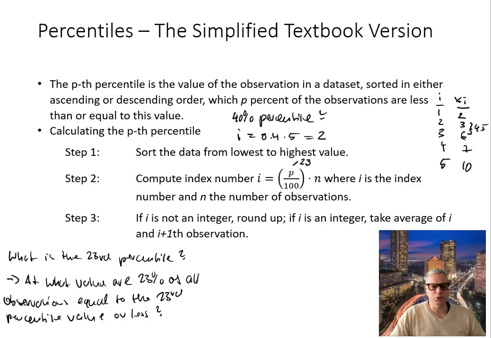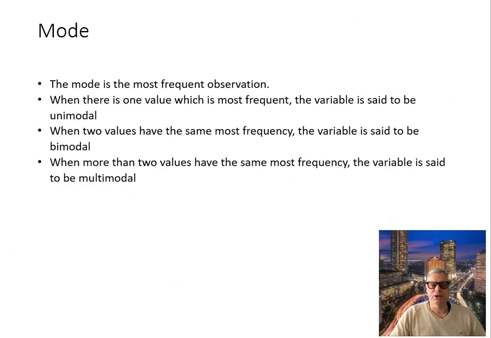But before we do so, let's quickly also talk about the mode. And the mode is the third indicator of central tendency, and it is simply the most frequent observation. When there is only one value which is the most frequent, then we say the data or the variable under consideration is unimodal.